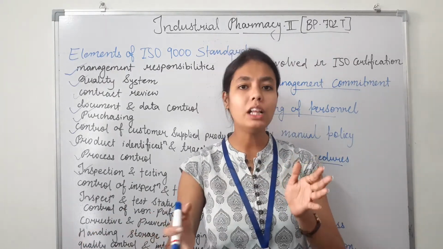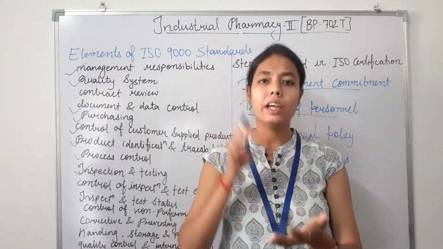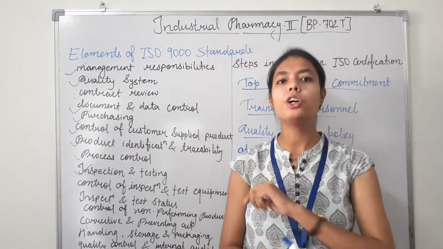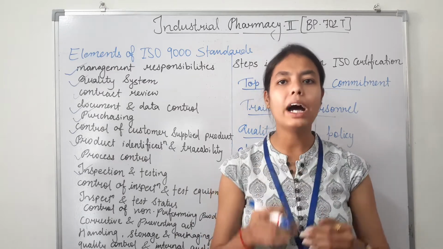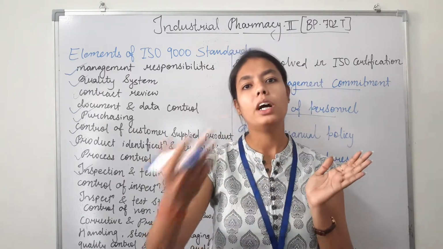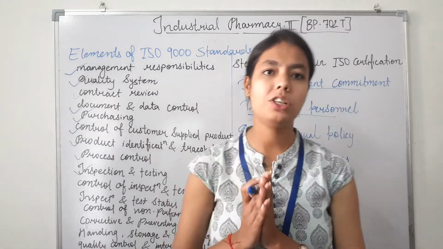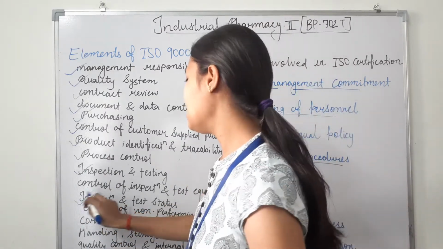That means all the test procedures performed at any stage must be documented, and we have to ensure that only products that have passed the required inspection and test are shipped, put into use or installed. So this is all about inspection and test status.